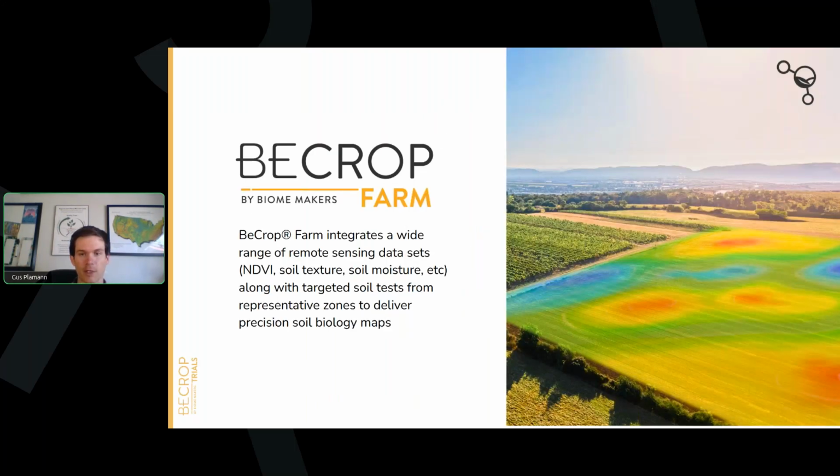So BeCrop Farm, which we'll be using for the use cases on seed selection today, works like this: aside from just looking at individual tests or sets of tests, BeCrop Farm integrates a range of remote sensing data sets like NDVI, looking at satellite-based insights on vegetation levels in the field, soil texture, soil moisture, soil wetness, or some other factors that are known to influence soil microbiology.